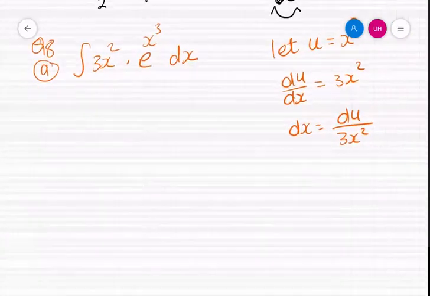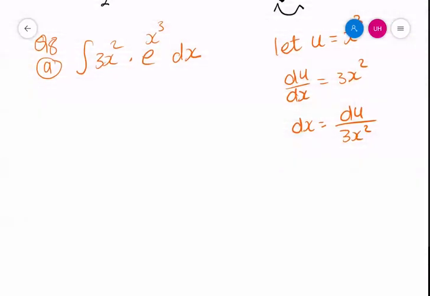Yes, hopefully. Right, so in this case, I will substitute everything in the integration, and there's going to be 3x squared times e to the power u, and instead of the dx, I'll substitute du over 3x squared.